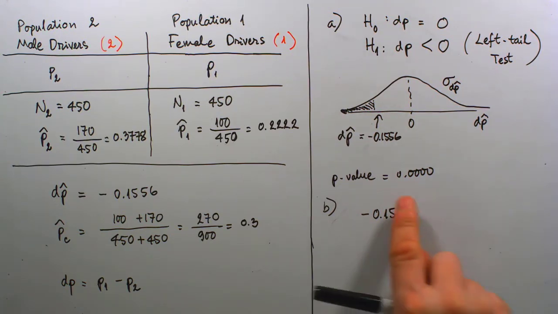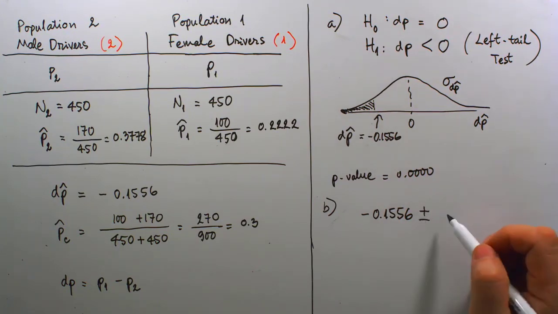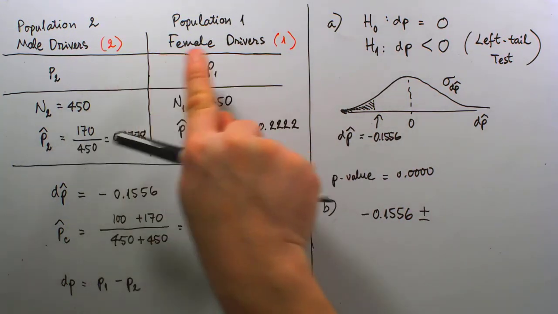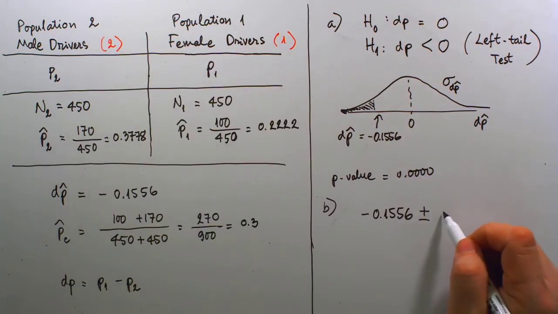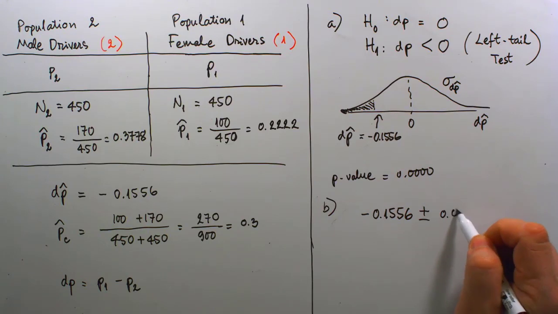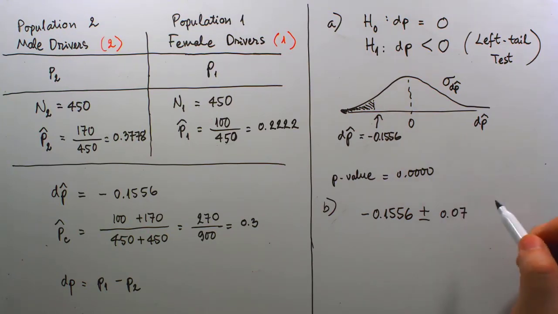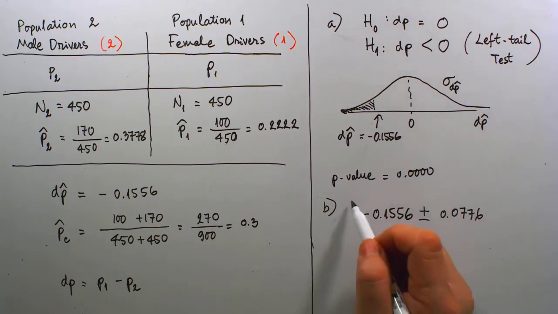From where that sample value is, we're going to be up and down by the margin of error. Changing the numerical labeling here will not change our margin of error, and we can easily verify that algebraically. And so the margin of error would stay the same, being 0.0776.